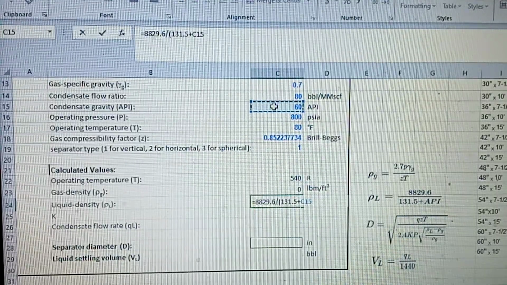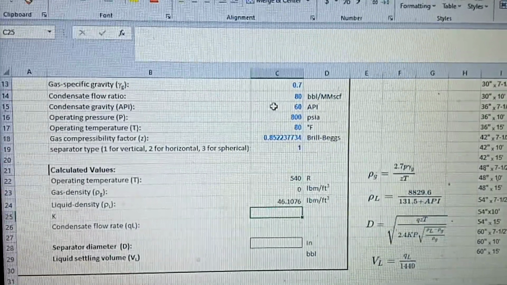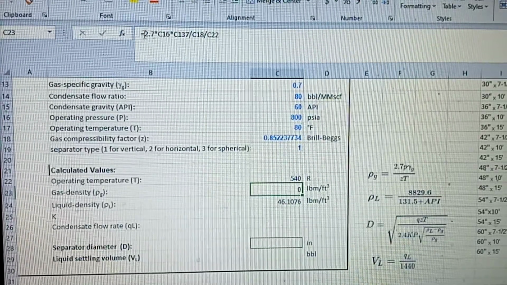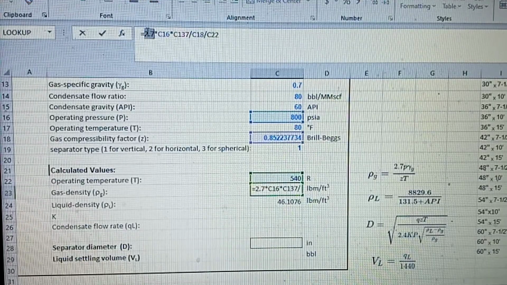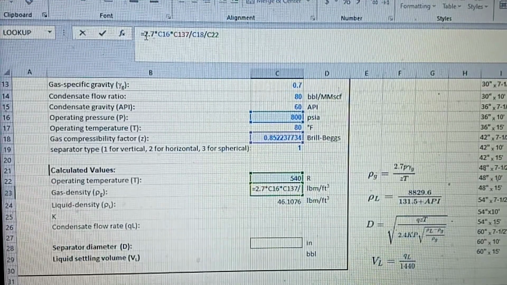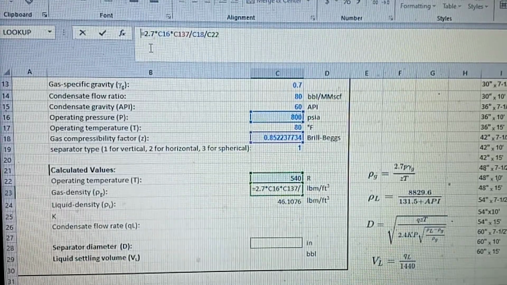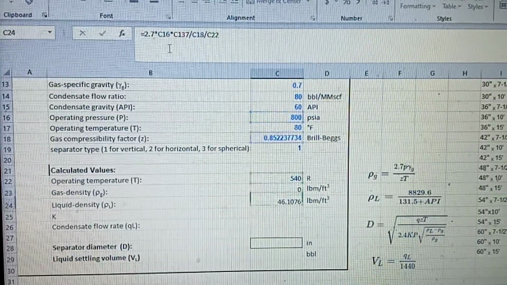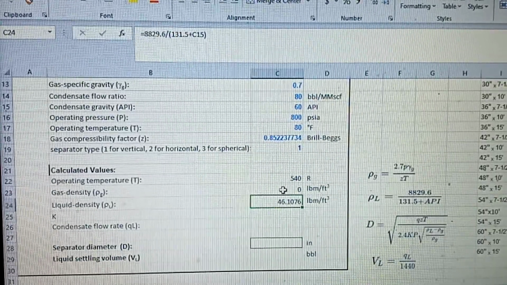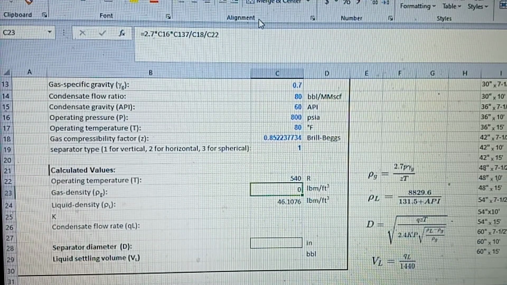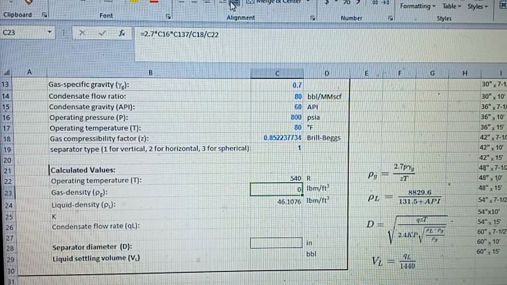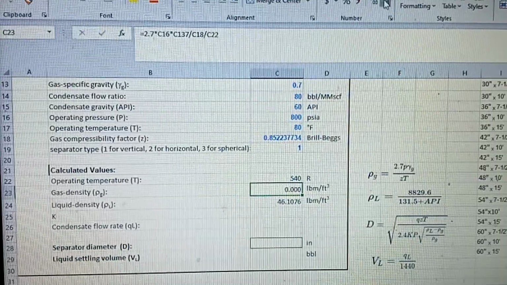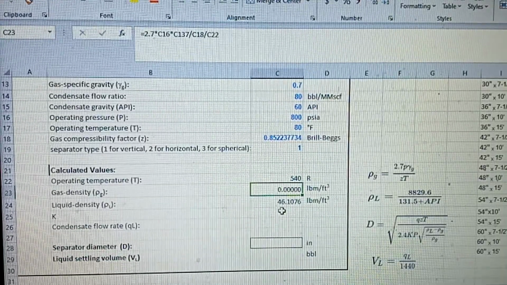Then I close the bracket. Okay, that one calculates. What's wrong with my... Okay, it's not that. Why is it 0? Okay, I'll find out later.